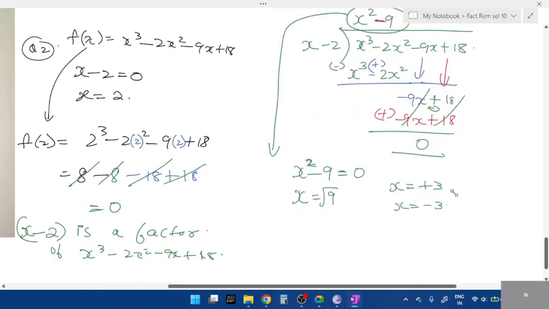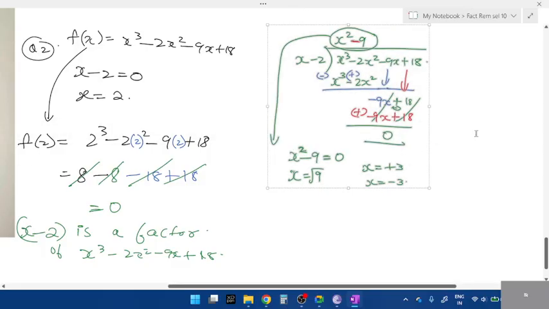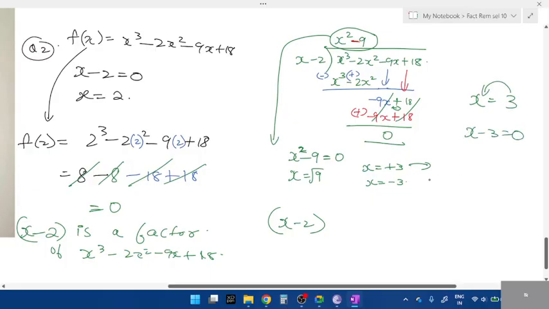And when you're writing the final answer, students, the main factor is x minus 2, and this x plus 3. Look here, x is equal to 3. If this 3 goes to the other side, what does it become? x minus 3 is equal to 0. And here, what's the equation you get? These are the other two answers.